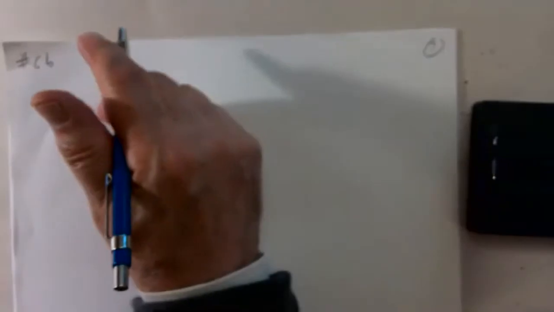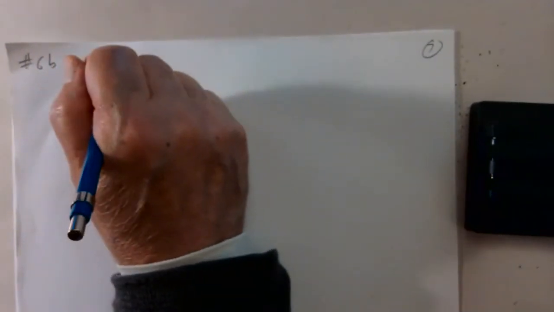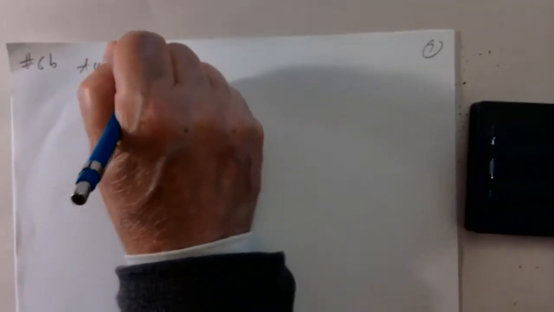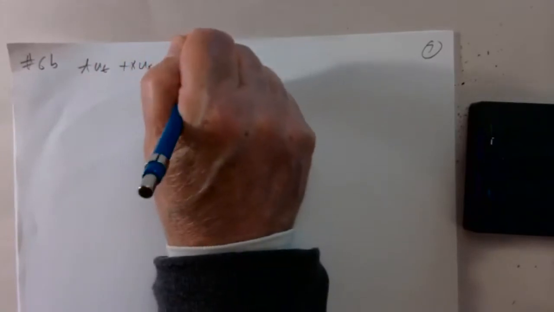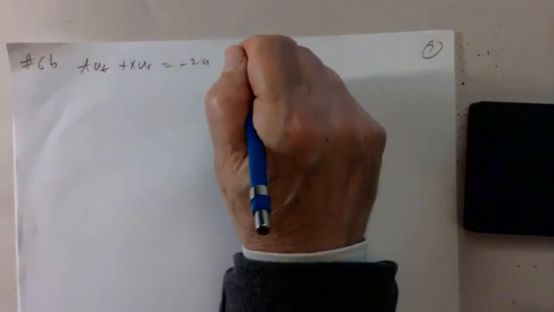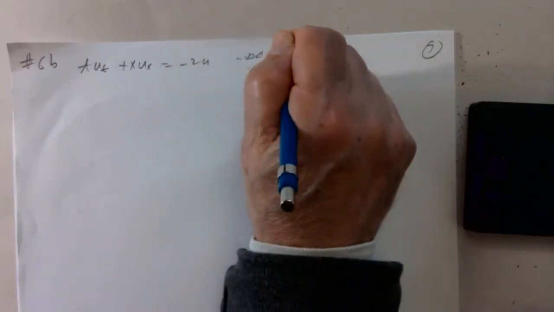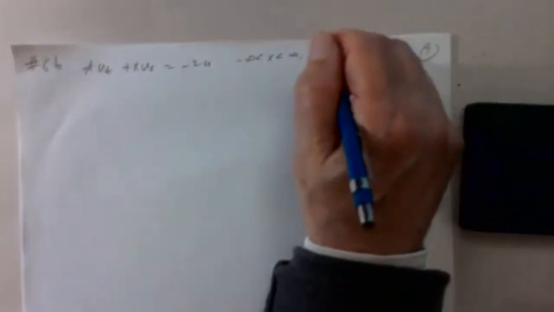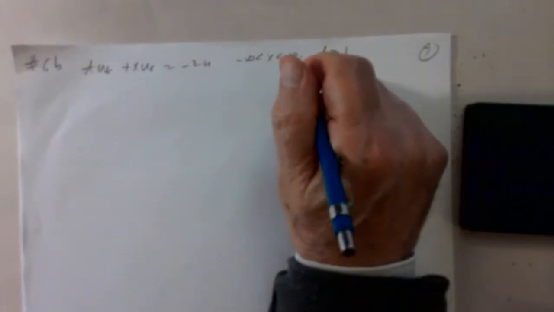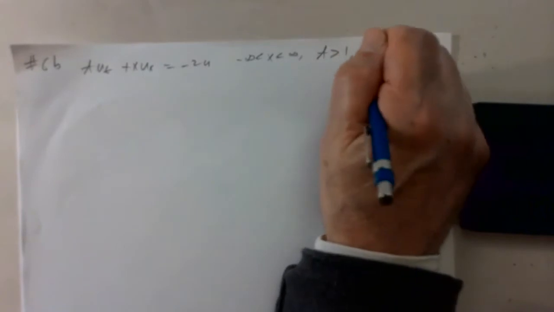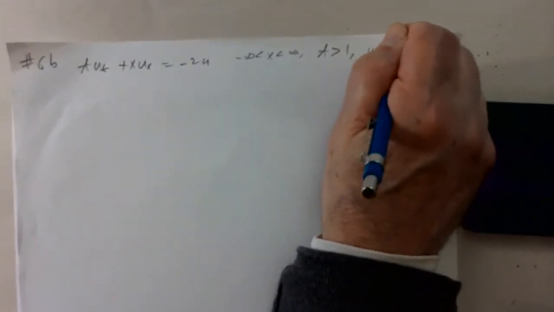So 6b is the differential equation t u sub t plus x u sub x equals minus 2u. And again, this is for all x from minus infinity to plus infinity. But in this case, it's for t greater than 1. So the initial condition is at time 1. u of x at time 1 is some function of x.